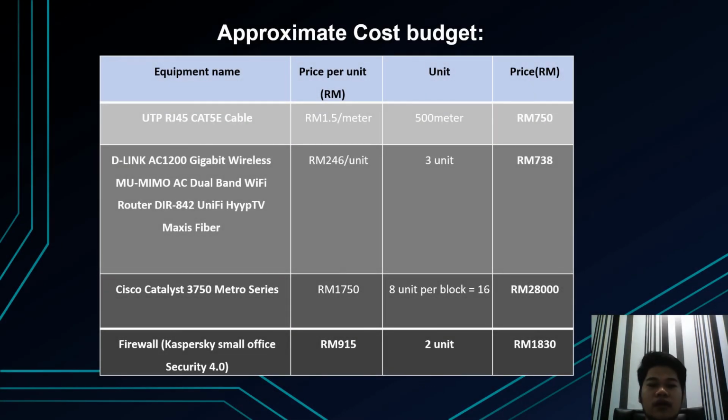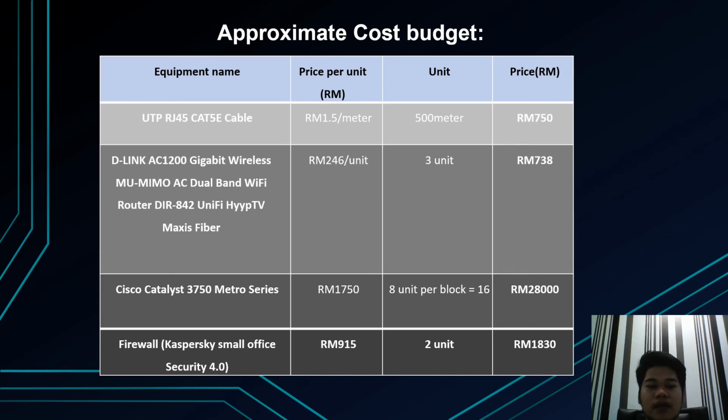Okay, for the approximate cost budget. For the UTP RJ45 CAT5E cable, the price per unit is RM1.05 per meter, and we need 500 meters, so the total is RM750.